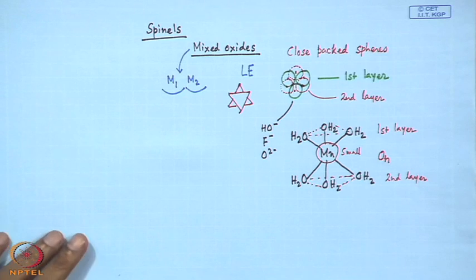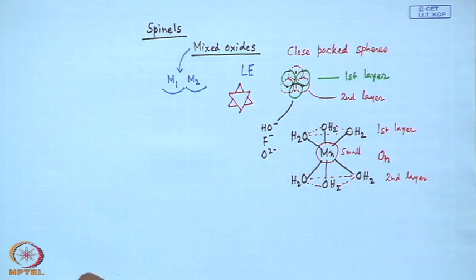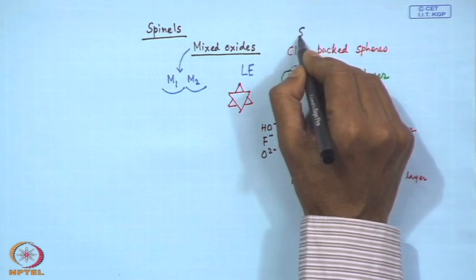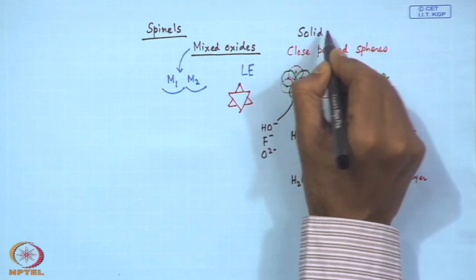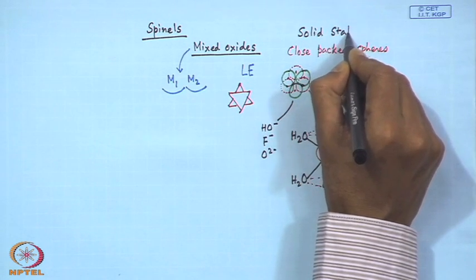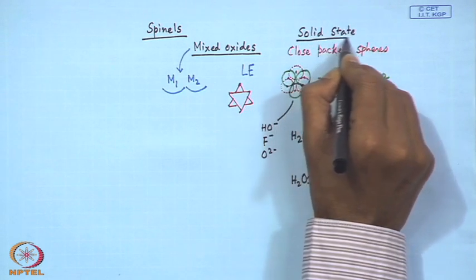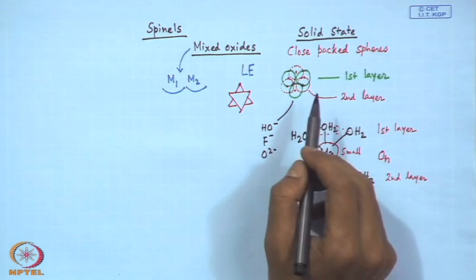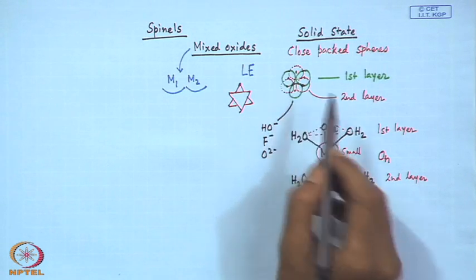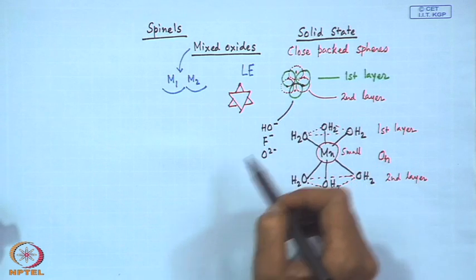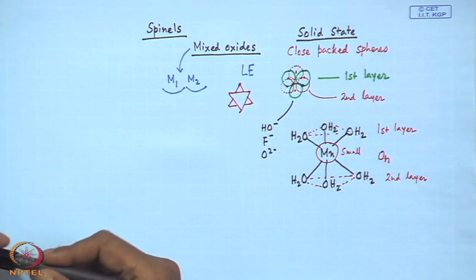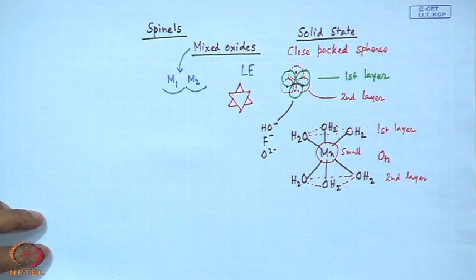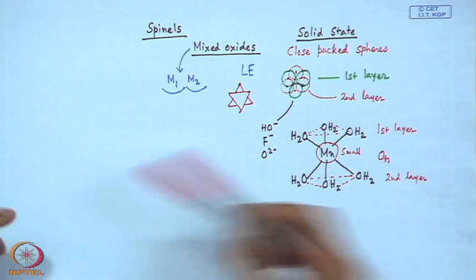Whatever we are discussing here is based on the corresponding solid state structure. So, in the solid state structure of these hydroxides, these fluorides and all, we have the close packed spheres, and these two layers are forming either from hydroxide ion, fluoride ion or oxide ion.